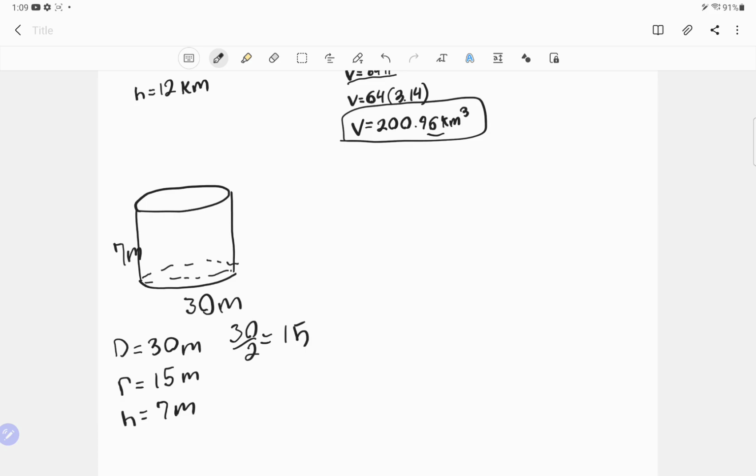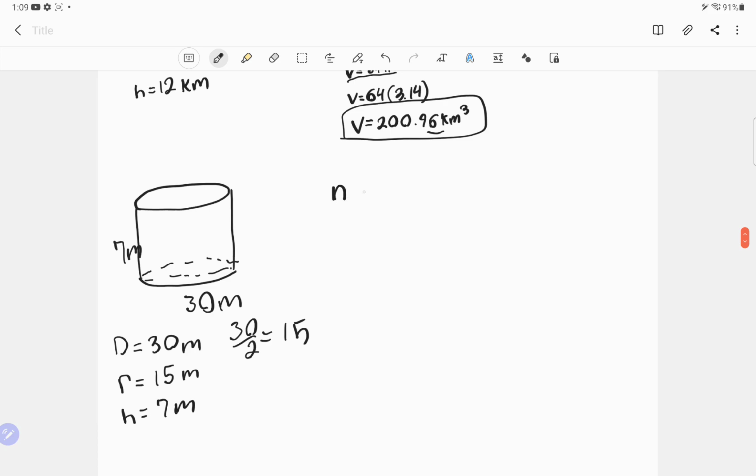I'm reading the problem. It says to round to the nearest hundredth, and to leave your answers in terms of pi. But I don't think we're going to need to round anything.